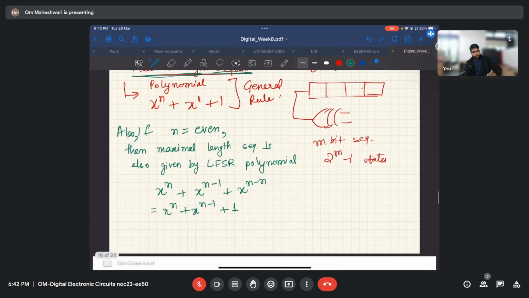So these are for even n, and here we have 4 bits, right? So we will have x4 plus x plus 1 and x4 plus x cube plus 1. These both will generate maximal sequence.